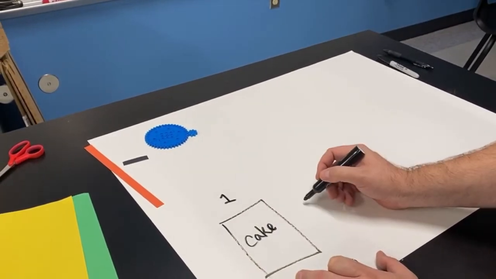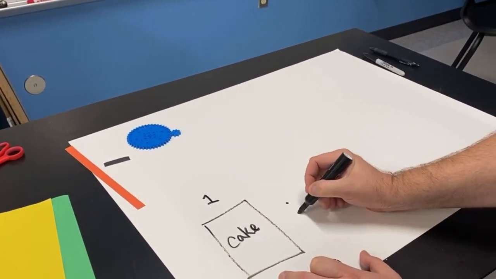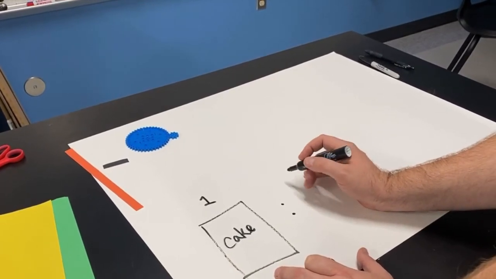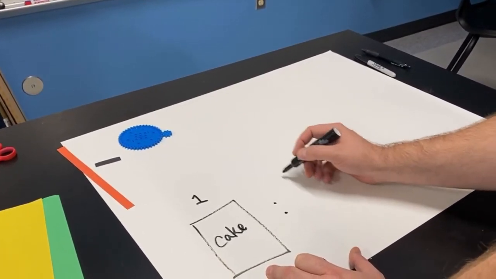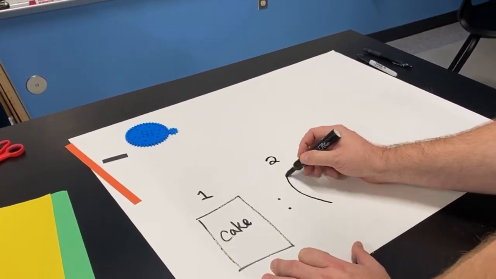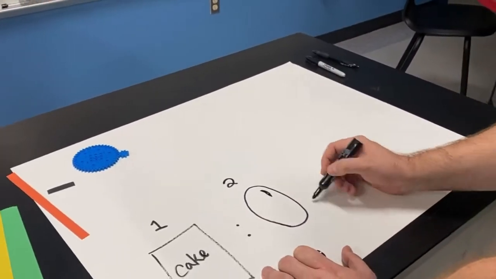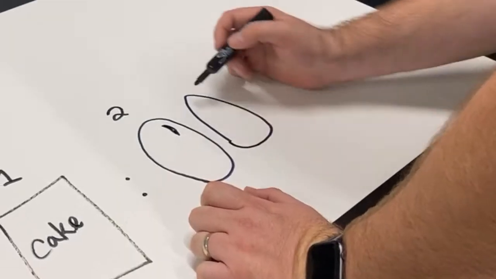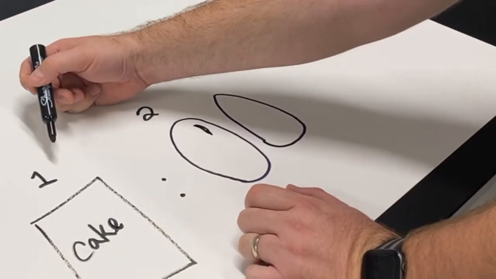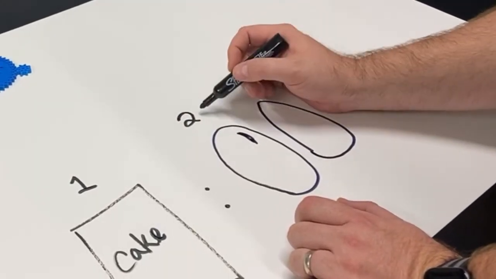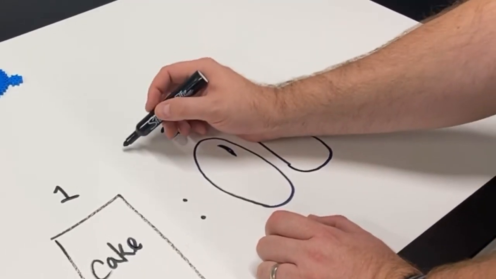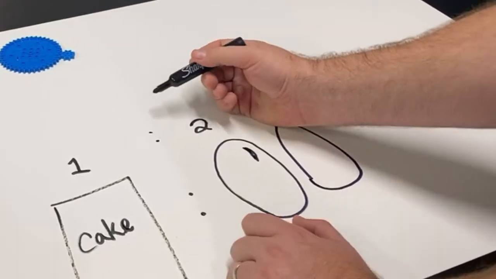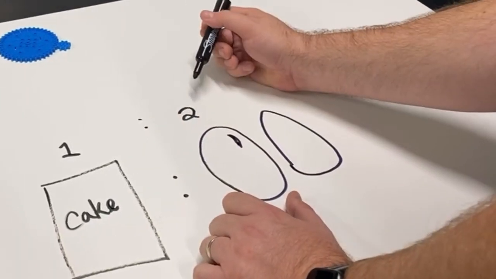And then your input has to be one egg or two eggs. It's a pointy egg. The chicken was weird. Okay, so you have one box of cake mix, but you have to input two eggs. So the ratio for this, you might want to say is 1:2.